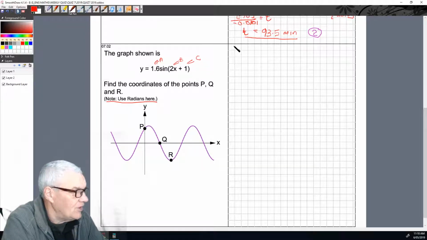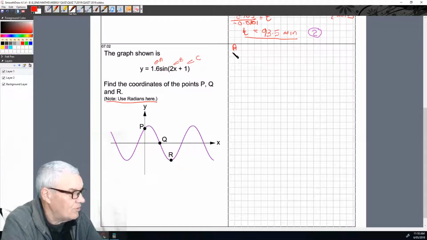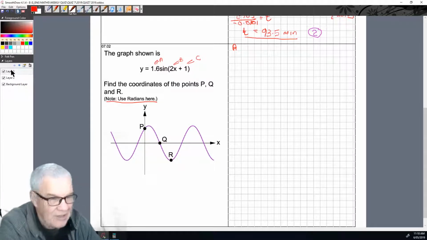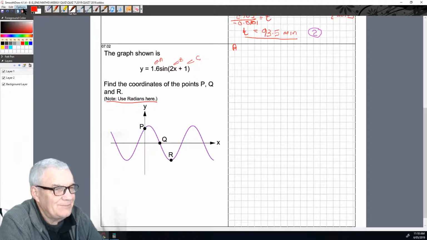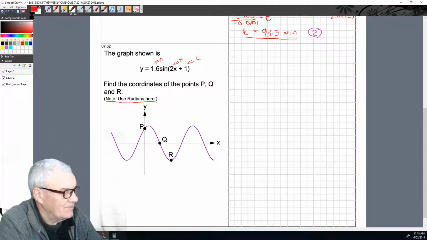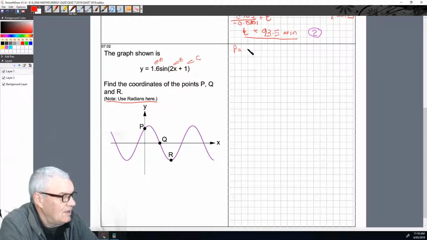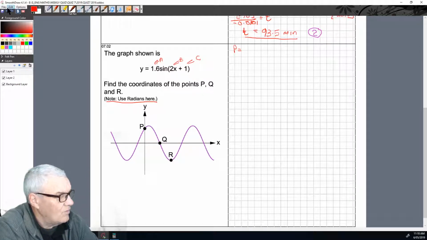So let's have a look at, oh, sorry, not A. That's going to be P. So when P equals P, oh, that's what we're going to be looking at. Oh, undo that. P, and that's going to be when x equals 0.